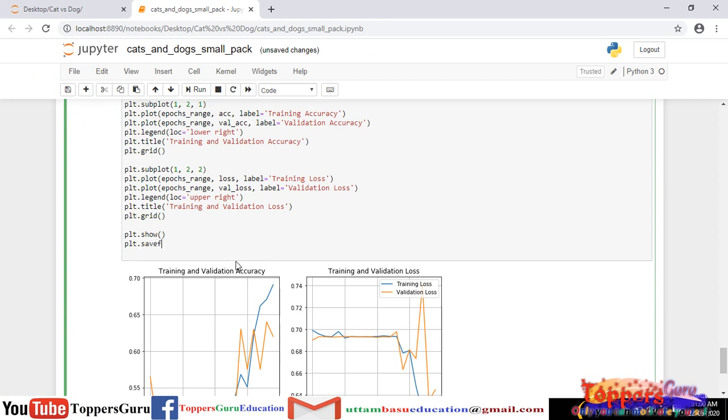Save fig within single quotation marks, dot slash, give the file name. Suppose I give result dot png. Yeah, now run it.